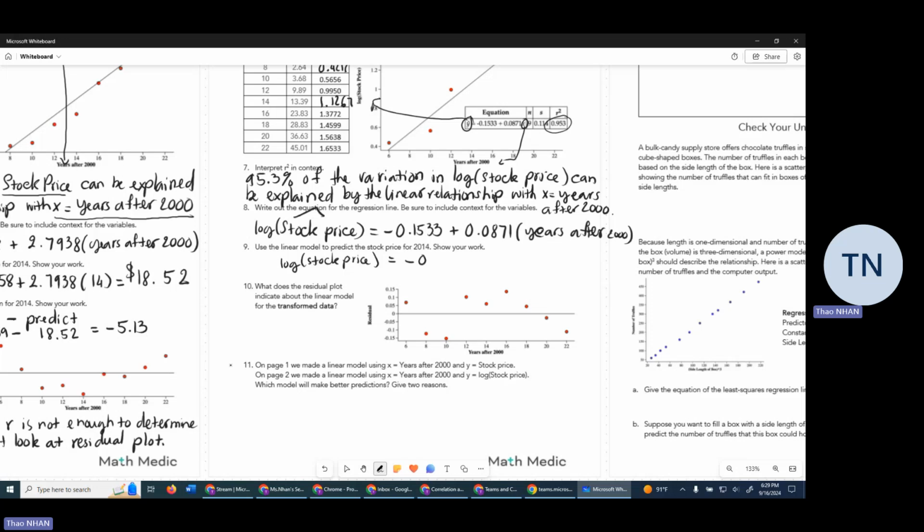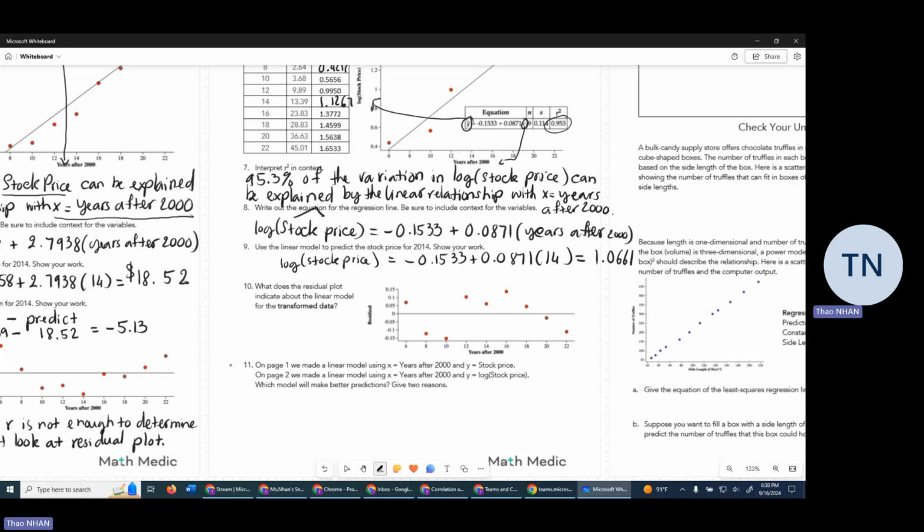Negative 0.1533 plus 0.0871 multiplied by 14. This will give you 1.0661.